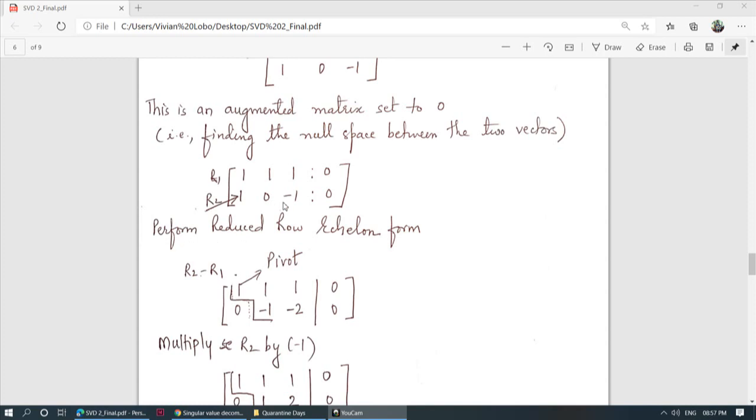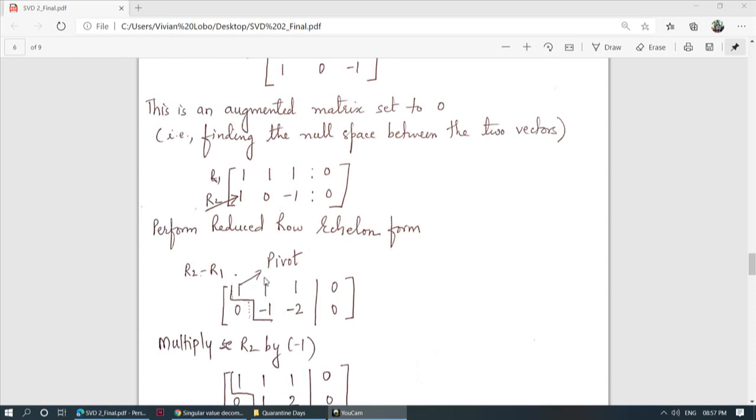Now what is the procedure of reduced row echelon form? If you see over here, I have drawn a ladder. So this ladder is nothing but the first element in your first row should be equal to 1. The second element in the second row should be equal to 1. The third element in the third row should be equal to 1, and so on and so forth.